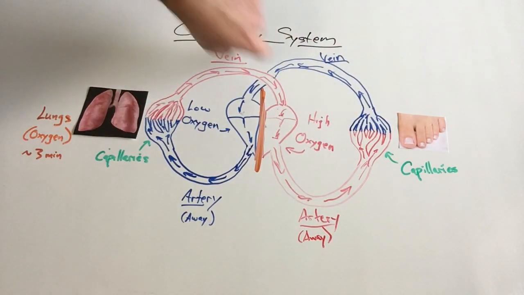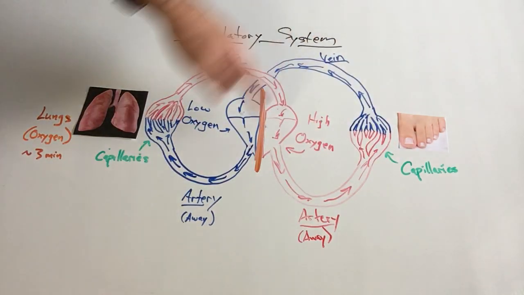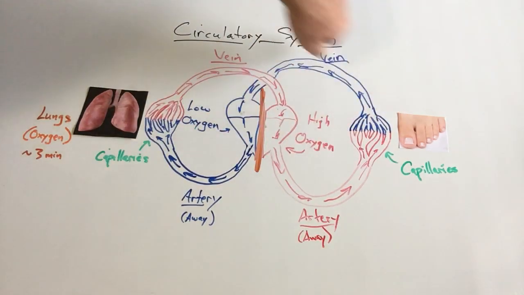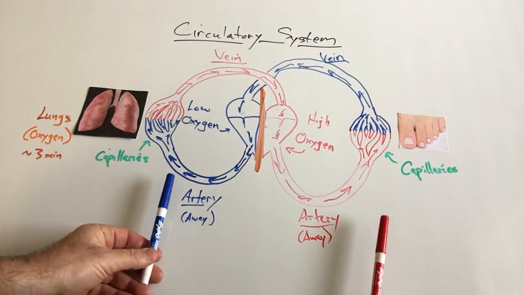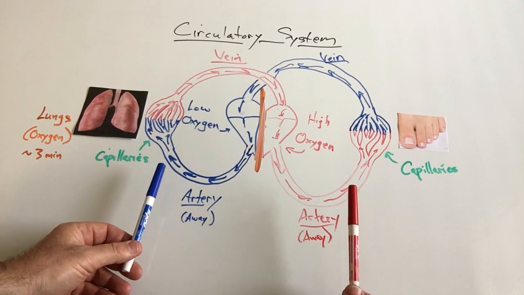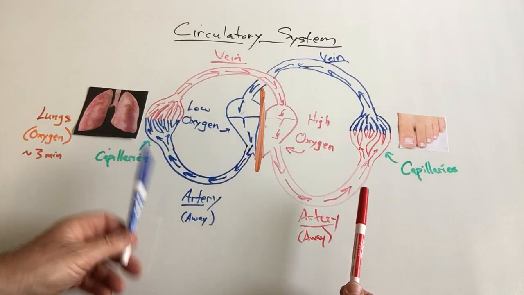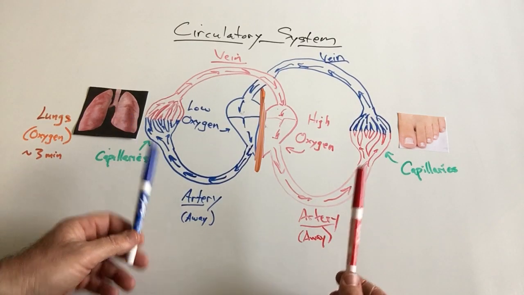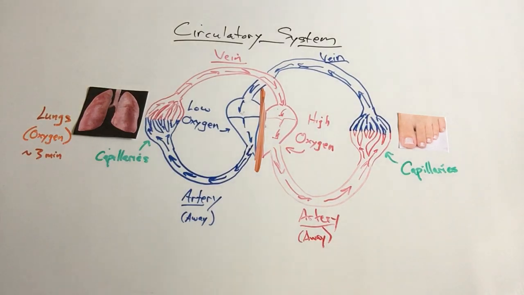So here we are only really talking about the oxygen aspect of the circulatory system. But it's a great intro to what the circulatory system is. So we have arteries that go away. It doesn't tell you whether it has oxygen or doesn't have oxygen, or has low levels of oxygen. It just says it's away.